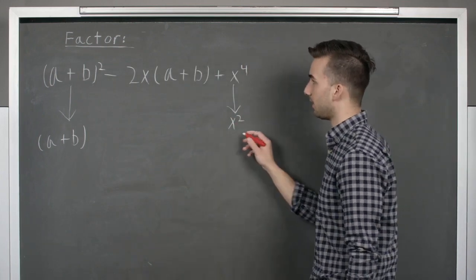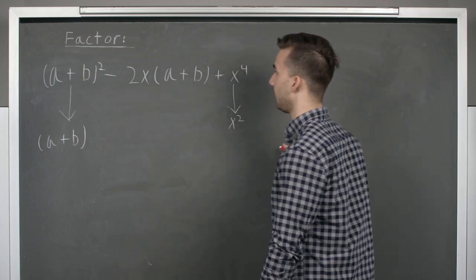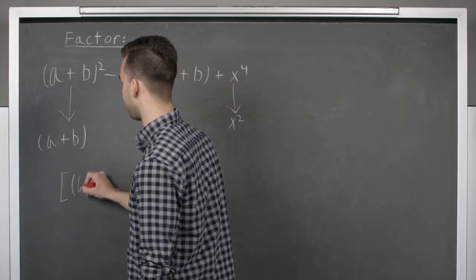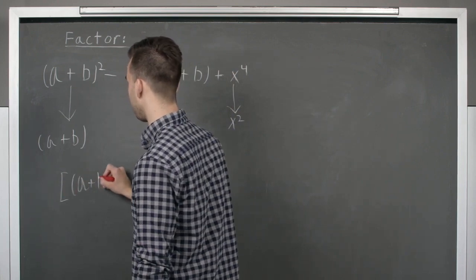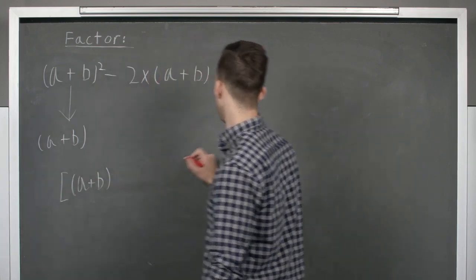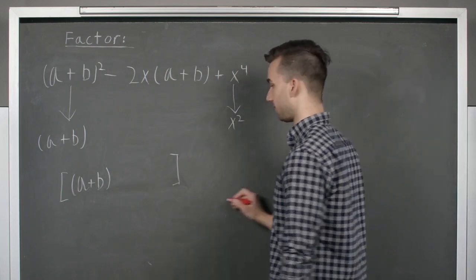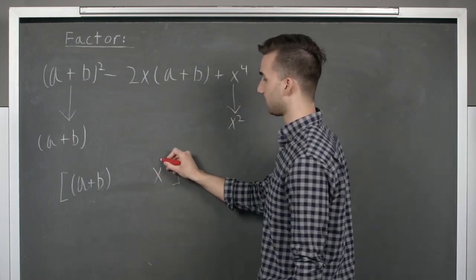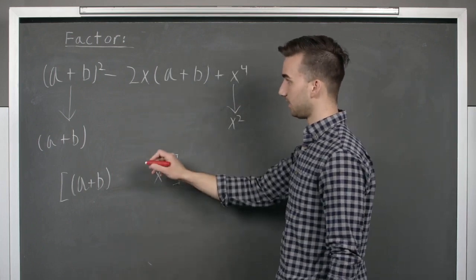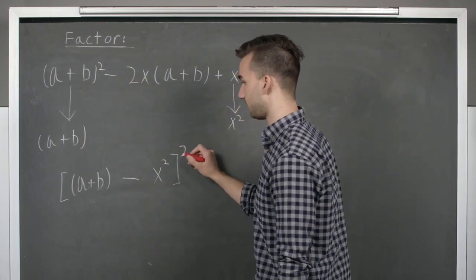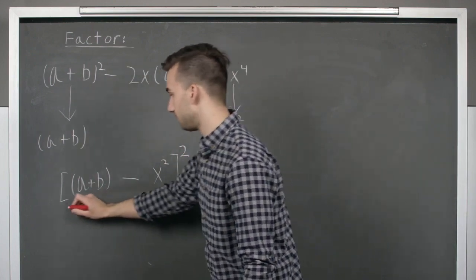Now we can write it in our factored form. Let's use a bracket, a plus b, and then we have the square root of our third term, which is x squared. We take the sign from our second term, which is a negative, and then square it all, and that is our solution.